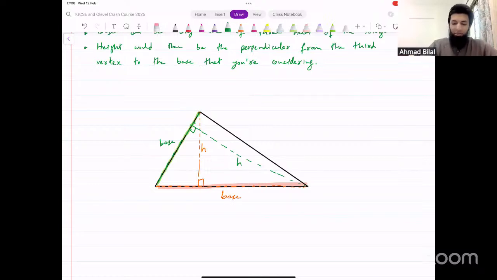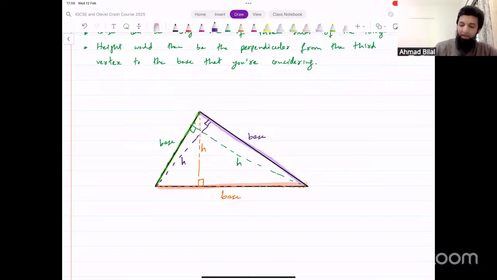And then it's also possible that you take this particular side as the base. If you take this as the base, then the height is going to be the perpendicular from the third vertex coming to that base now. And that might look like this perpendicular.